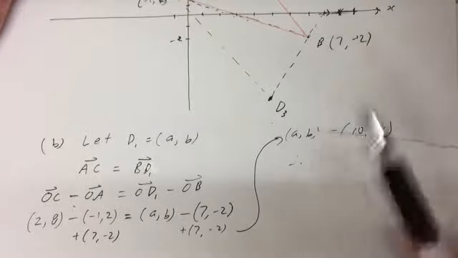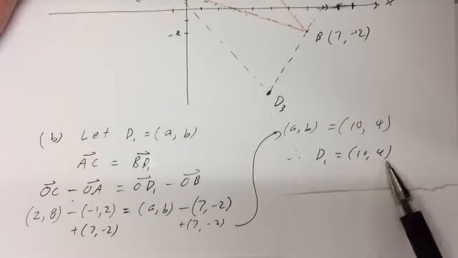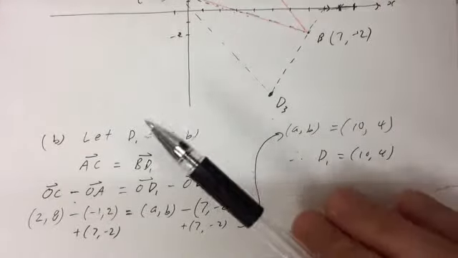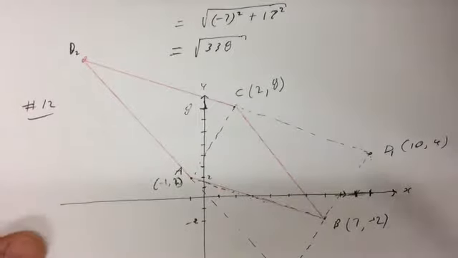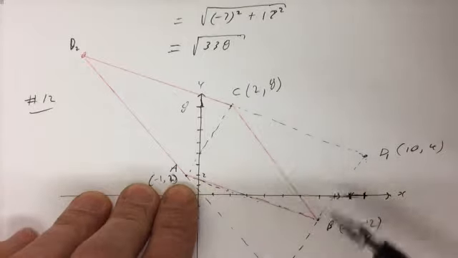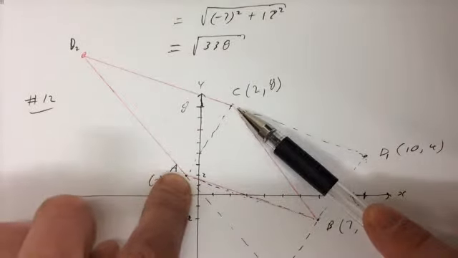We want point D. So then we have to say, therefore, D1 is (10, 4). Okay, so using the same process, we can look at finding D2. Well, in D2, we know that vector BC is equal to AD2.